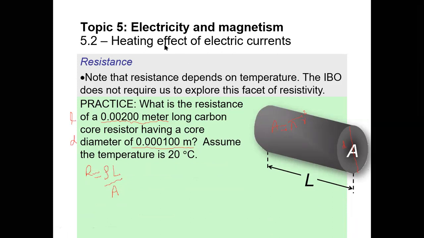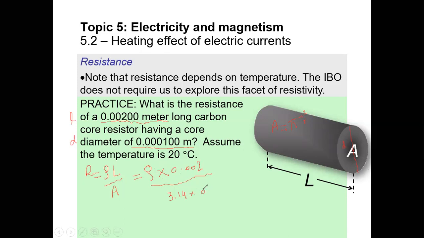So we will just substitute values. Resistivity rho times length, that is 0.002, divided by pi r square, that is 3.14 pi into R. R is D by 2.